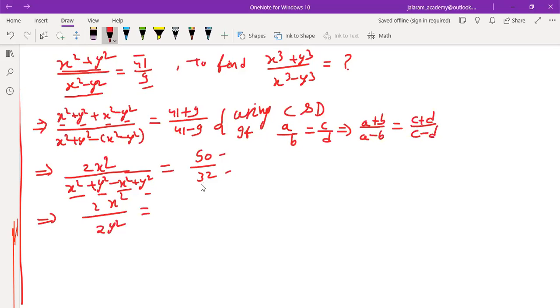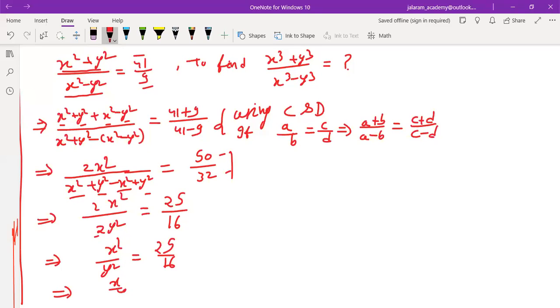We can write them in lowest terms by dividing both the numerator and denominator of the right hand side by 2. So 50 by 2 is 25 and 32 by 2 is 16, and 2 will be cancelled out from these two also. So x square by y square equals 25 by 16.